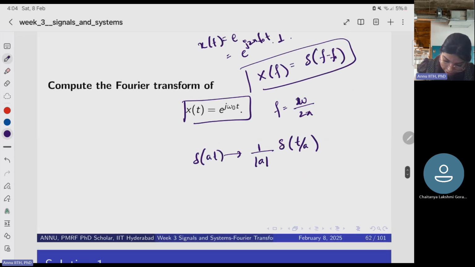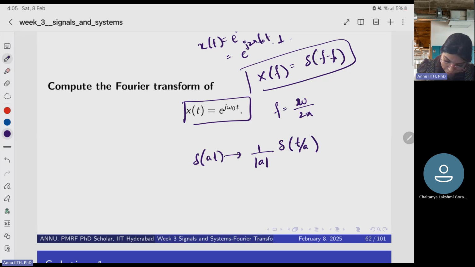So utilizing it here, if you want to write in terms of omega, it will be multiplied by 1 by 2 pi, and then omega by 2 pi and omega naught by 2 pi.